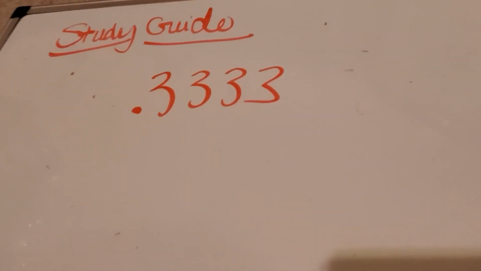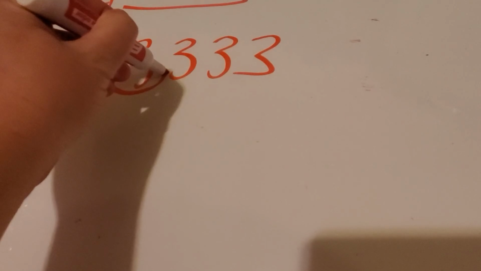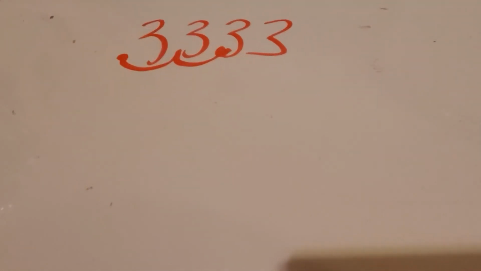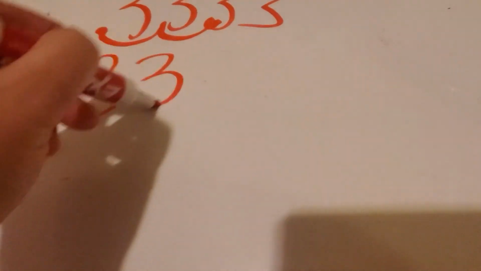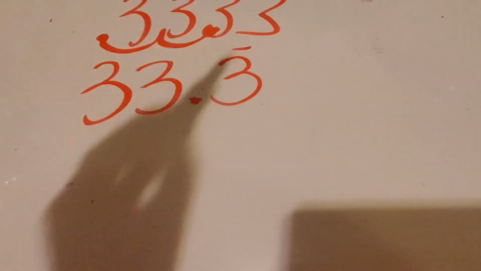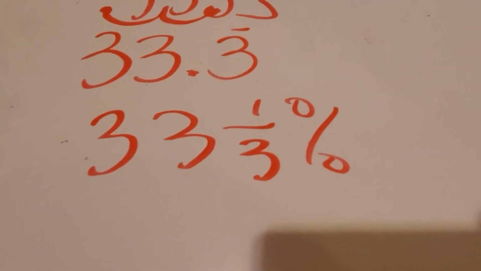So if you want to multiply that by 100, remember how we talked about all you have to do is move your decimal 2 places. So 1/3 as a percent would be 33. You could either write it as like that, or you could write it like that. Either one are okay.